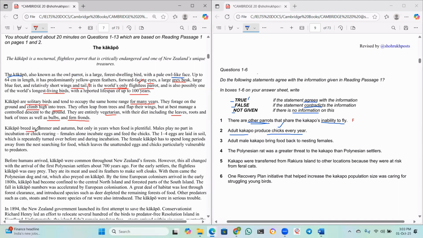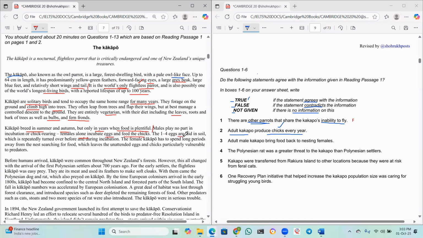Kakapo breed in summer and autumn, but only in years when food is plentiful. This is one thing we have to make note of. Males play no part in incubation or chick rearing. Females alone incubate eggs and feed the chicks.